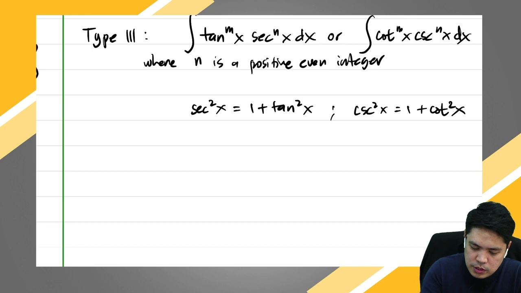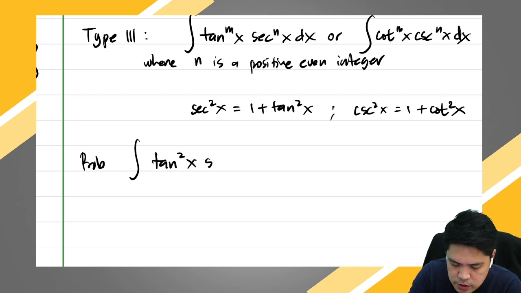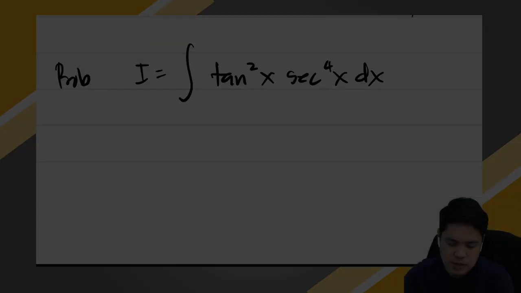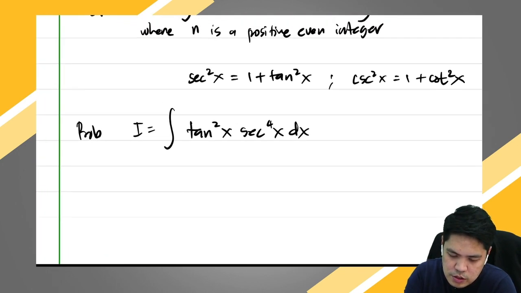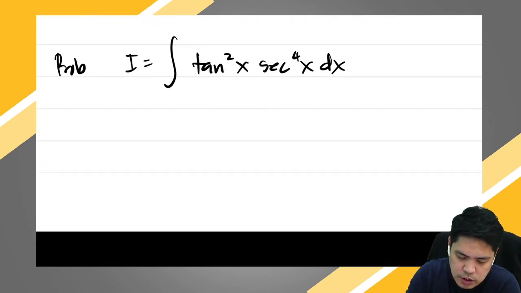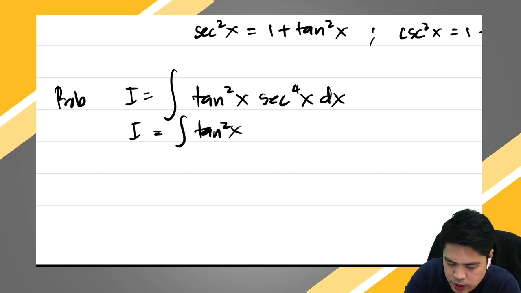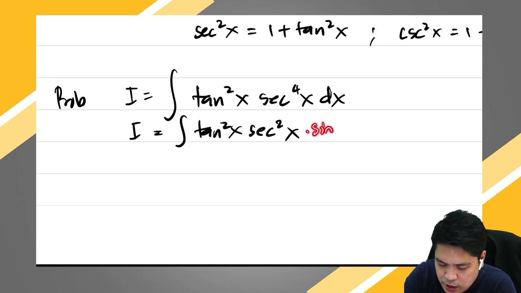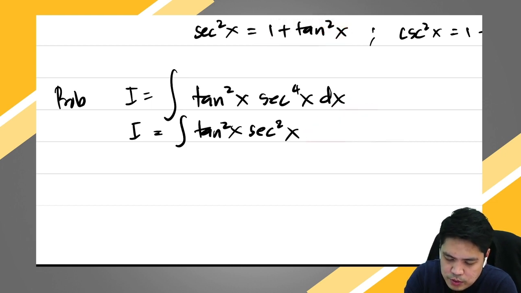Okay, so let's have an example. Suppose we have the integral of tangent squared x secant raised to 4x dx. Okay, so if we apply these transformations, then we'll have I is equal to the integral of tangent squared x times secant squared x times secant squared x dx, and secant squared x we will just change to 1 plus tangent squared x.